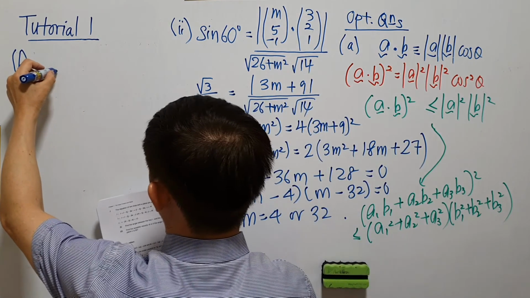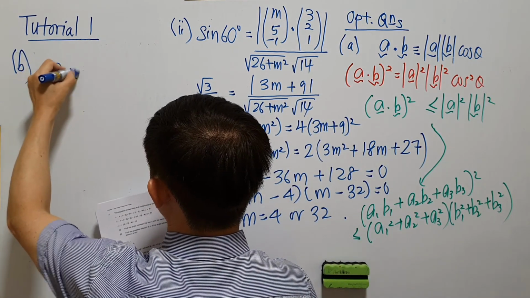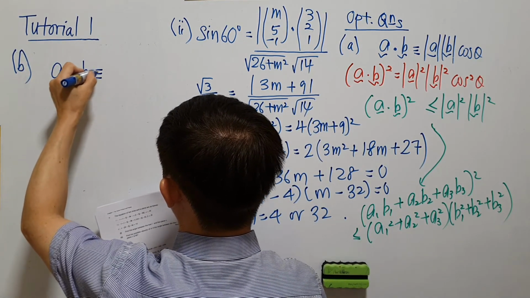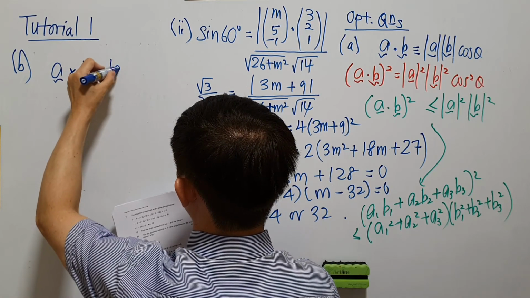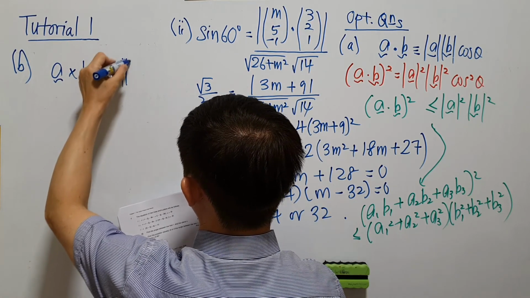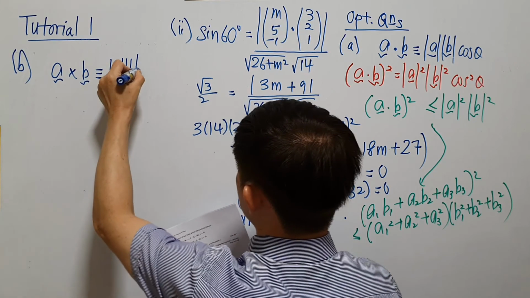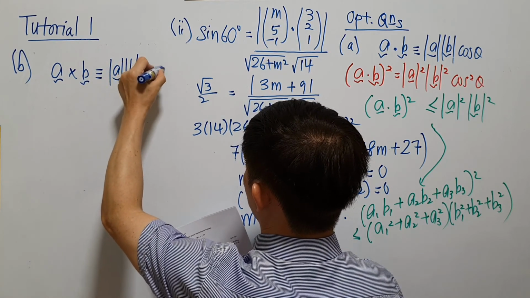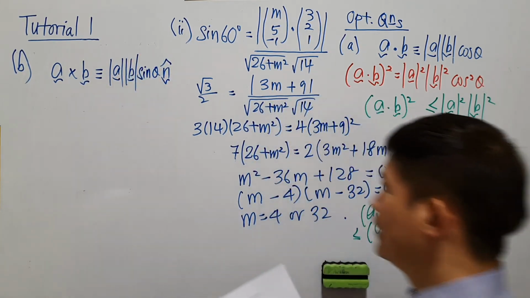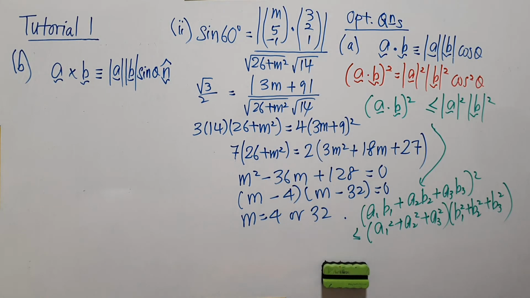So cross product of two vectors, A cross B, by definition is modulus A, magnitude B, sine of the angle, and then n cap. Right. So like the other question, we are also going to square both sides.